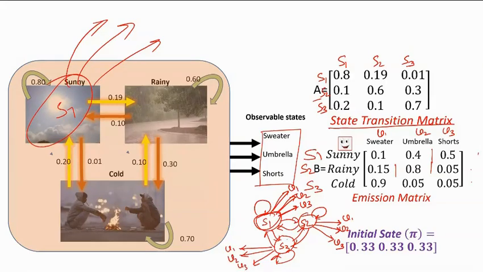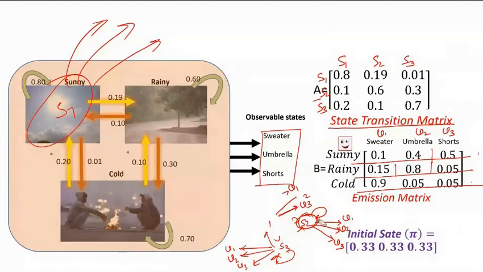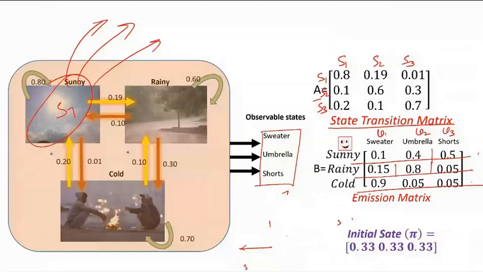So at each state you have a different probability of emitting these symbols. This is given to you. Then you have one more quantity, the initial status of your machine.